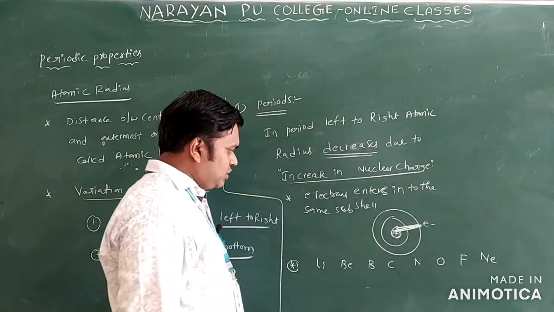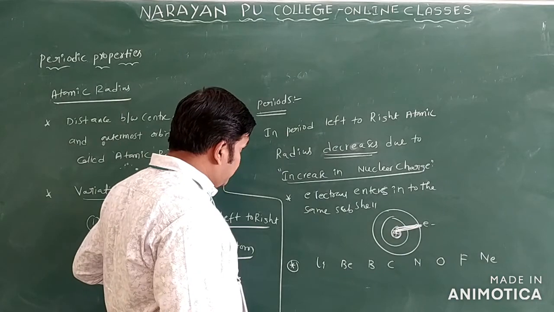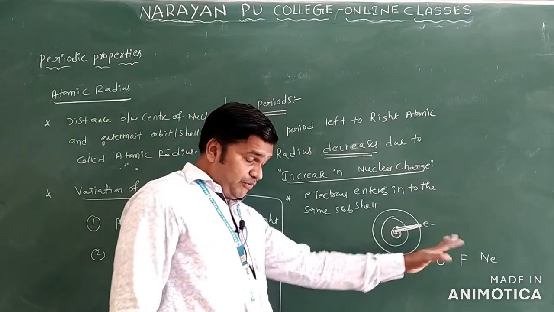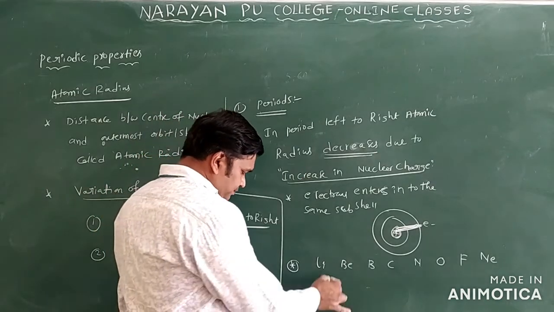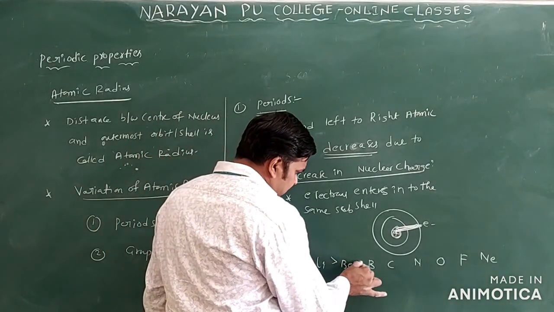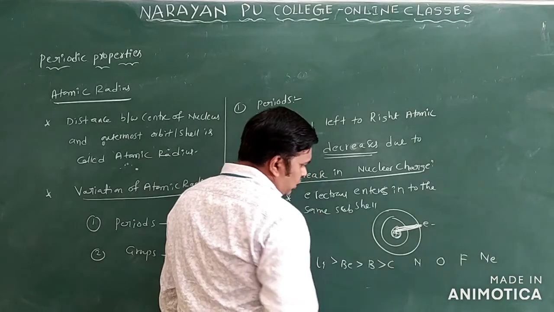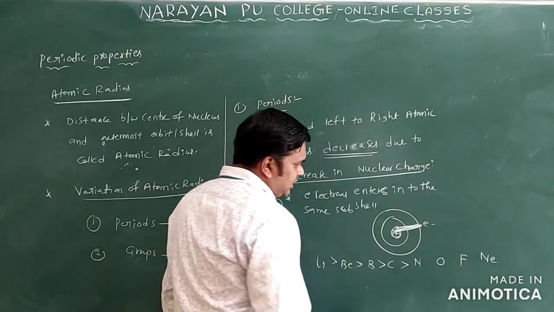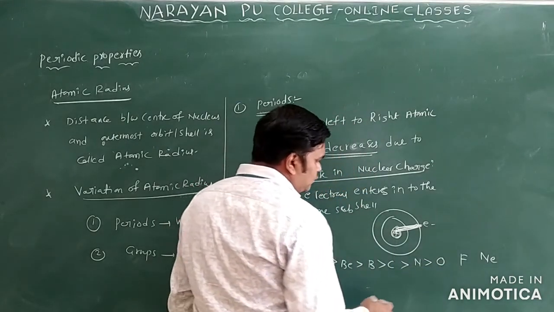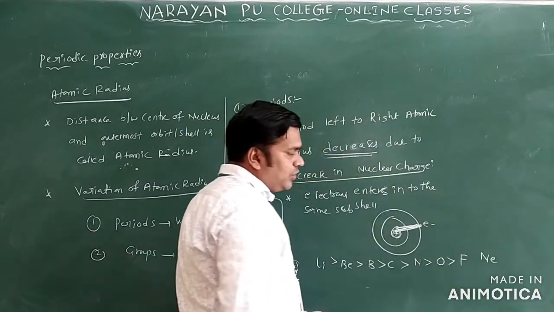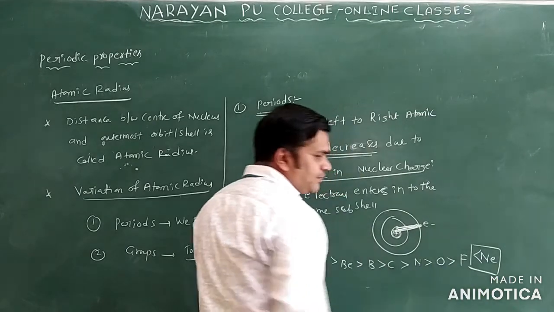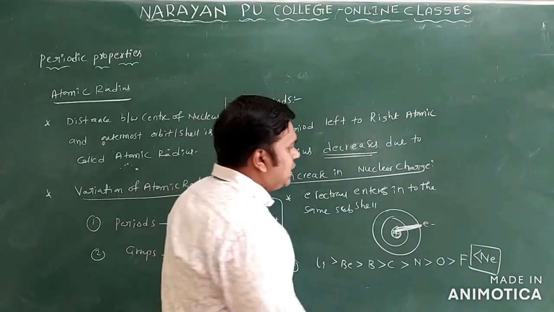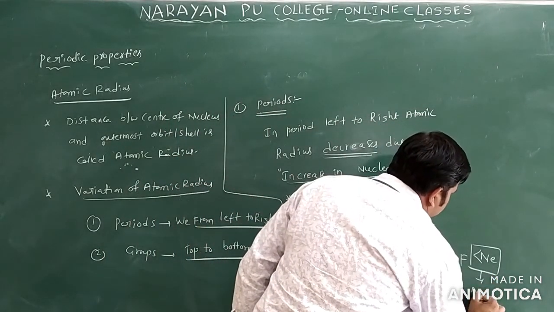We are moving from left to right, and atomic radius decreases. Lithium is greater than beryllium, greater than boron, greater than carbon, greater than nitrogen, greater than oxygen, greater than fluorine. But fluorine is less than neon. Neon is a noble gas.